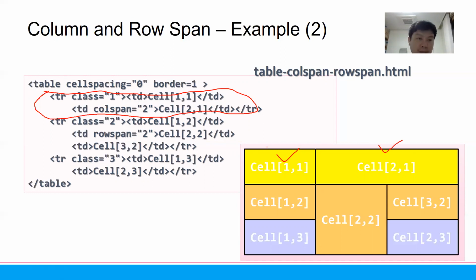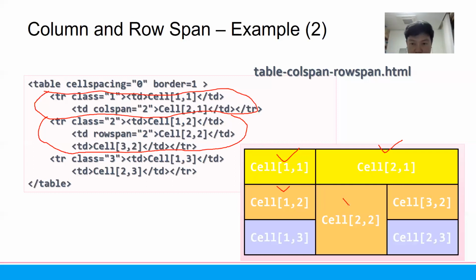Okay. What about the next? I have the TR. This is the next TR, and the next TR is using the TD cell 1 2, which is this one, and then the row span 2. I would like to combine two rows.